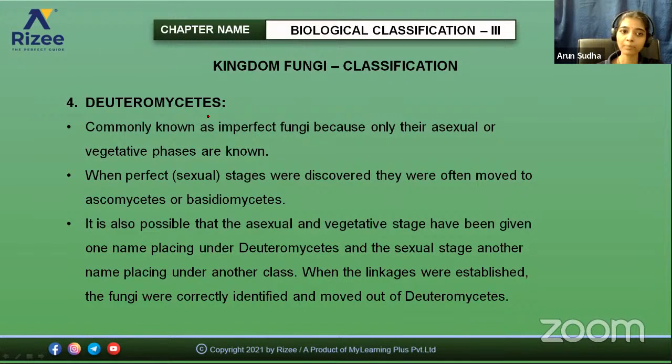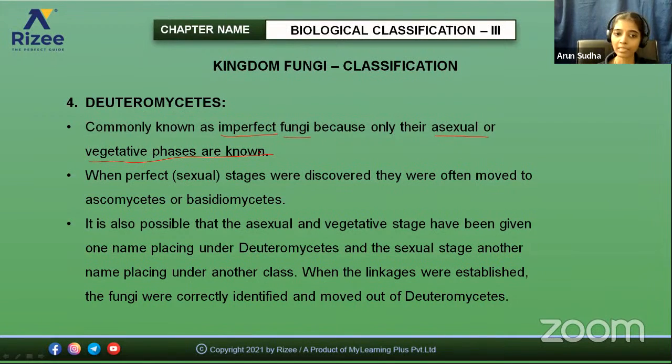Then the next type is Deuteromycetes. It is also known as imperfect fungi. Why is it called imperfect fungi? Because only their asexual or vegetative phases are known, and there is no known sexual phase for this type of fungi.